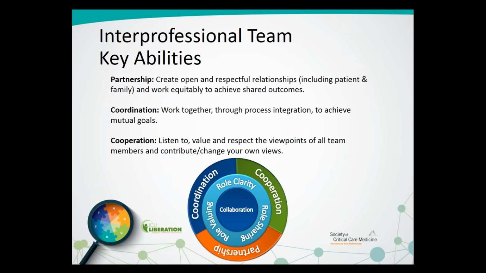Again, partnership that you tried out as you did your test of change experiments, coordination, which is that process integration piece. How do we integrate our processes together to achieve our goals? And then cooperation. Cooperation often just looks like, how do I need to listen better and contribute or confront sometimes other people's resistance?